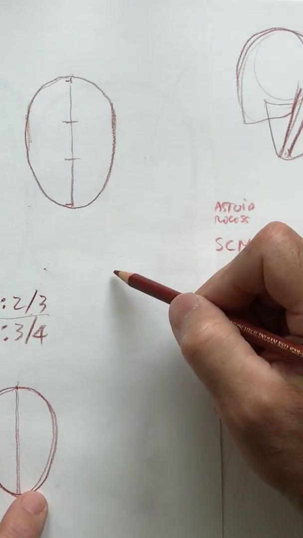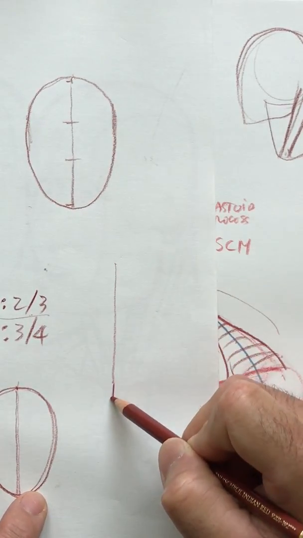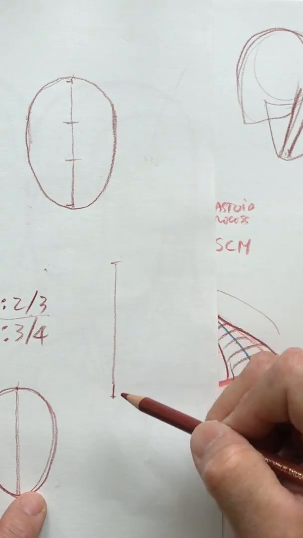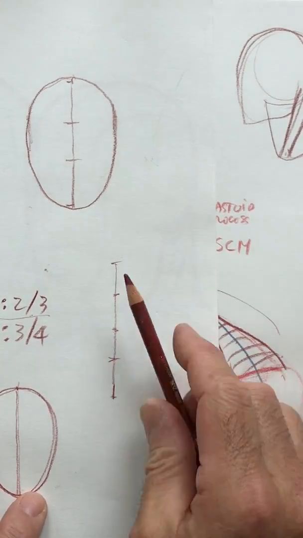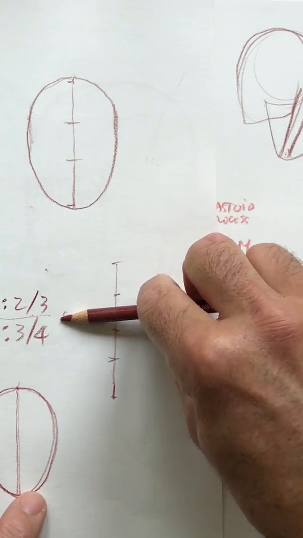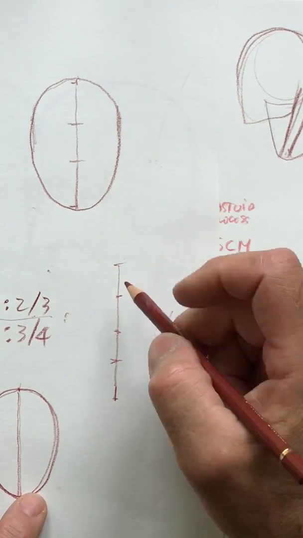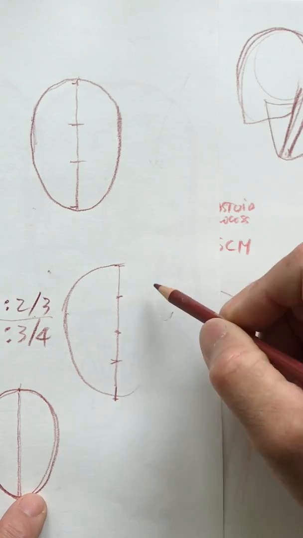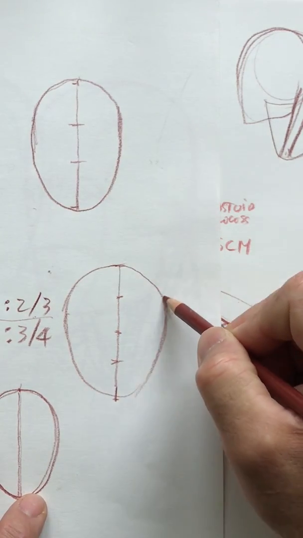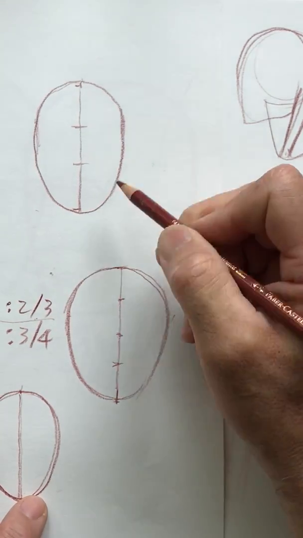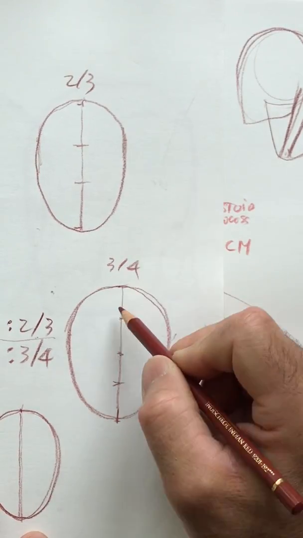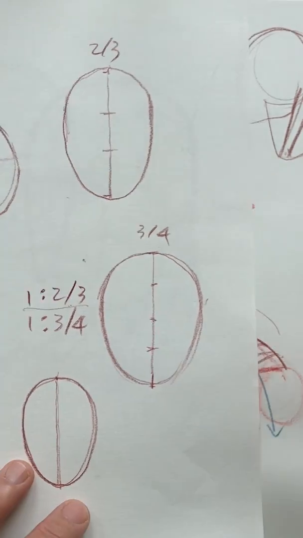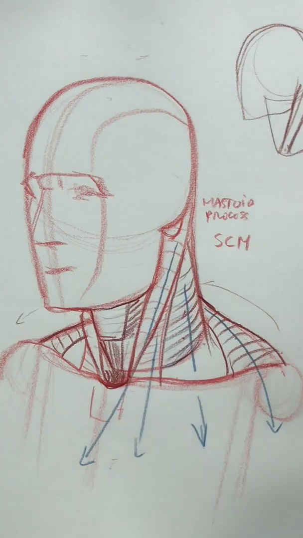If I want to use the 3/4, do the same thing. Establish the size of the head, then divide it in 4 equal segments, and then take 3/4. So this, as you can see, is going to give me a rounder head, right? So that is the ratio 1 to 2/3 and 1 to 3/4. Okay, let me know if you have any specific questions.